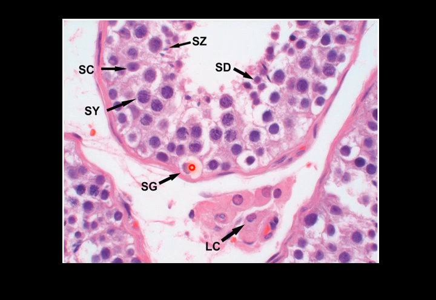The germ cells mature through a spermatocytic phase, and the spermatocytes we often recognize by this very sort of skein-like chromatin. They differentiate then into the smaller spermatids and then eventually into a spermatozoa.